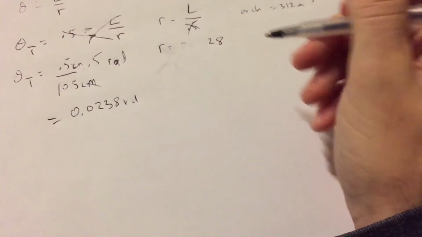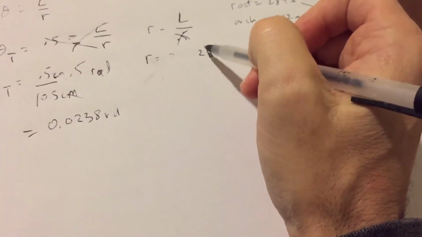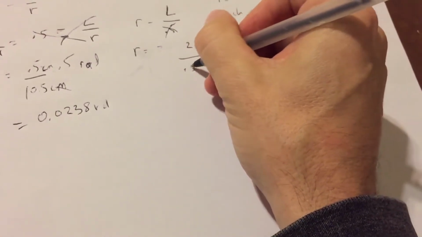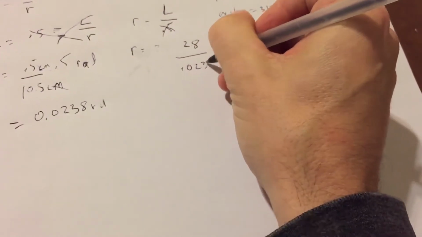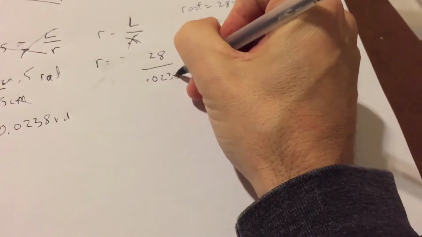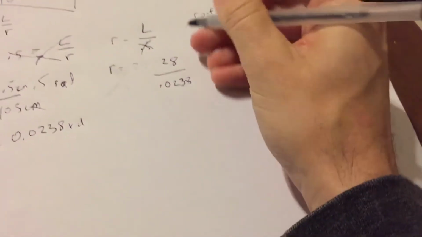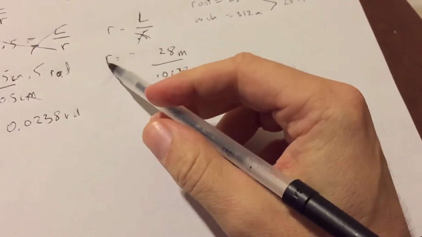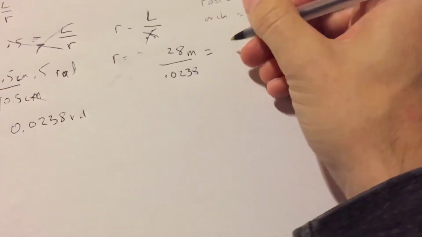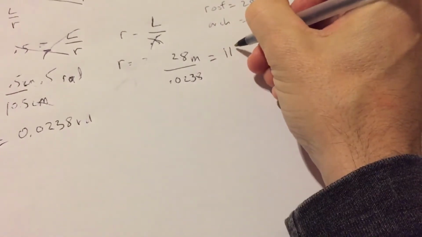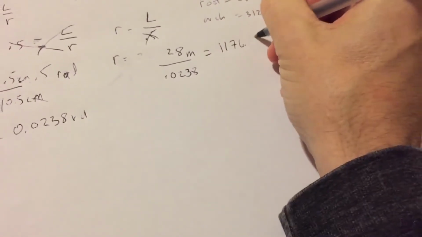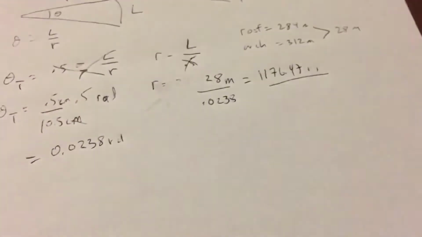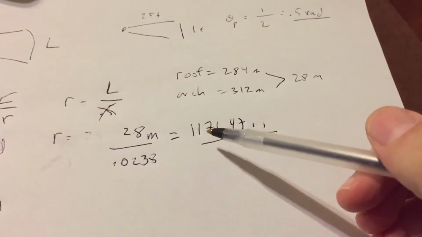So now I have the height, 28 meters, divided by 0.0238 radians. And radians isn't really a unit. So if I divide 28 meters by this radians, I'll get an answer in meters. And this gives me 1176.47 meters. Okay, so a little over a kilometer. That's how far away you are.